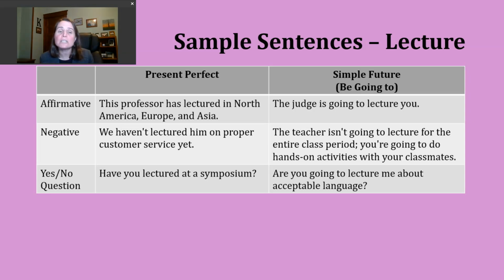But someone choosing to use the present perfect is not so much focused on when it occurred, just that it has been completed. Now, a second way we can use the present perfect is to describe an action that started in the past and continues into the present. Either way, we're going to make our verb in the same way.